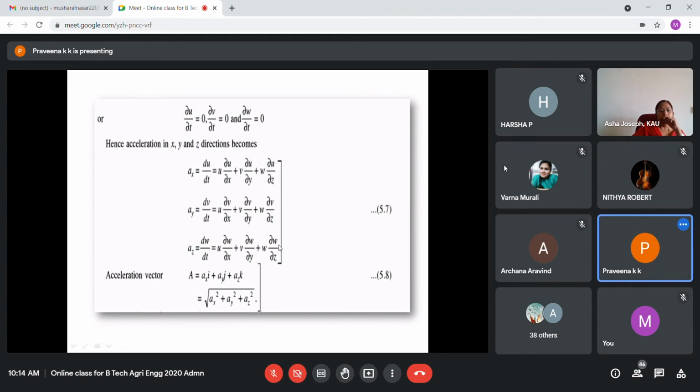Then the total acceleration, the acceleration vector, is denoted by capital A, and that will be equal to ax i plus ay j plus az k, and its magnitude will be equal to root of ax square plus ay square plus az square. So this is the expression for finding out the total acceleration acting in a fluid flow.